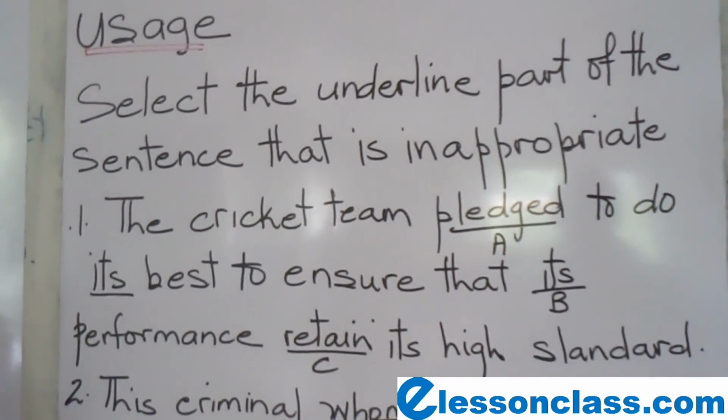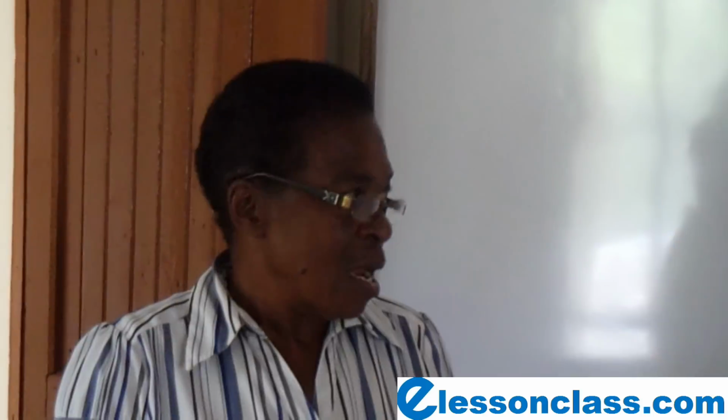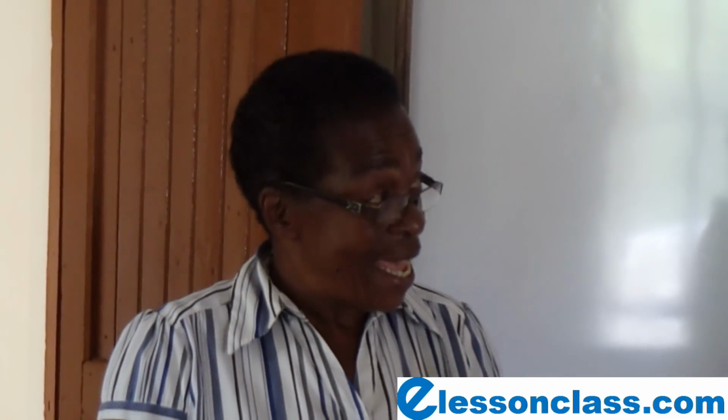Now, if you are sitting the exam, what you will be required to do is to shade in the letter that refers to the word or the section that has the error. However, if there is no error, then you would shade in the letter D. All right? So let us look at sentence number 1.